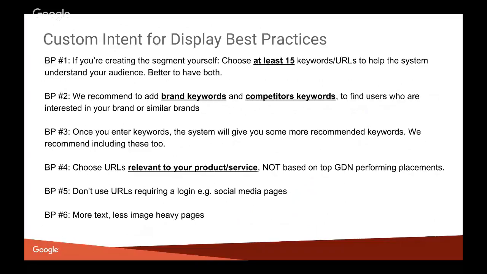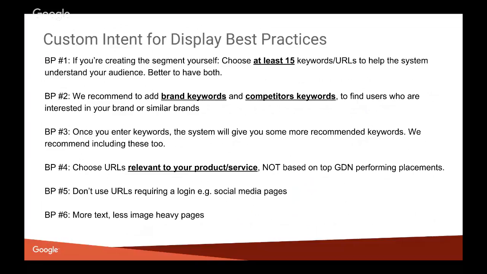And in terms of the custom intent for display that we have demoed just now, we definitely recommend to add brand keywords and competitor keywords. And also make sure that you choose URLs relevant to your product and services, not based on the performing placement.